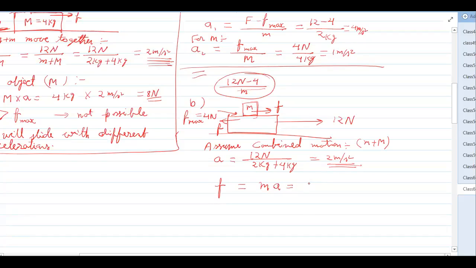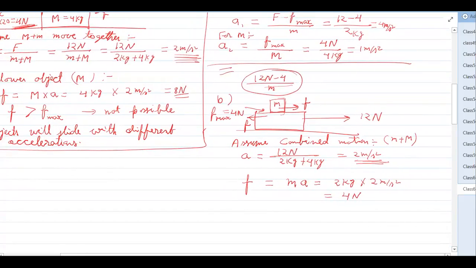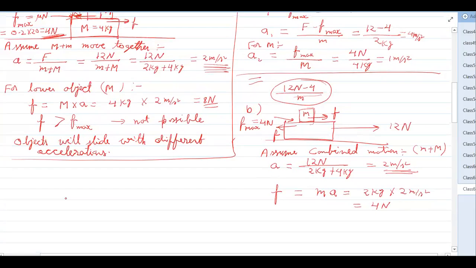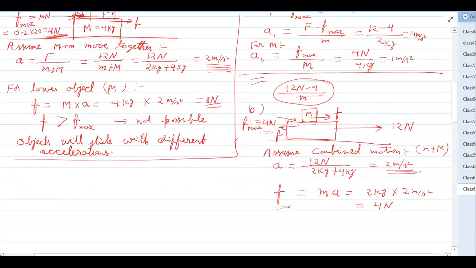So mass is 2 kg and acceleration is 2 meter per second square. So in this case we are getting 4 Newton. You can see the 4 Newton is not exceeding the maximum value.